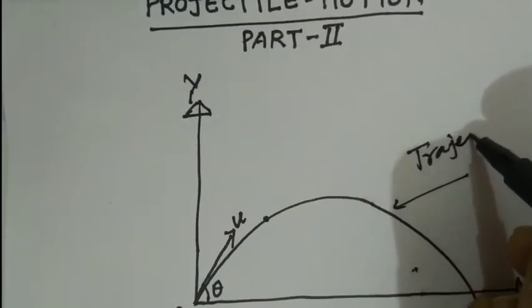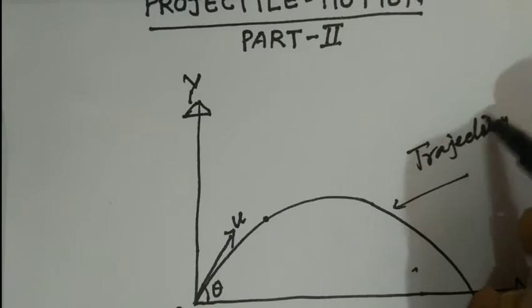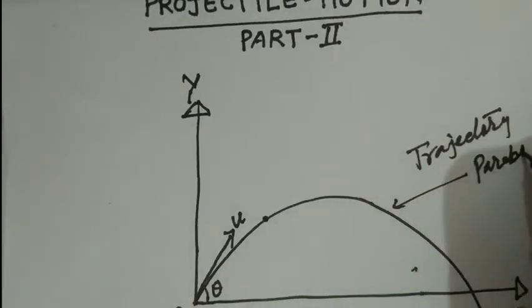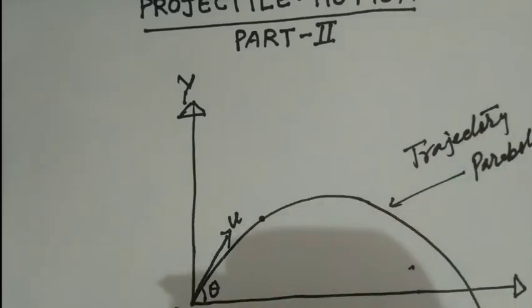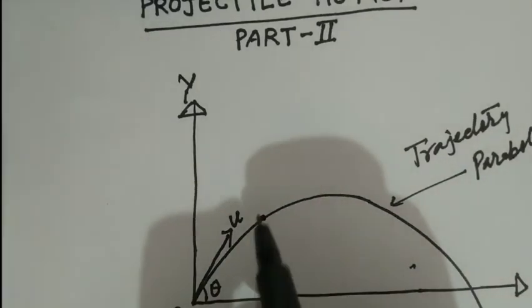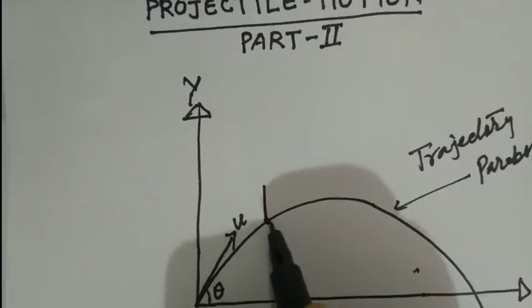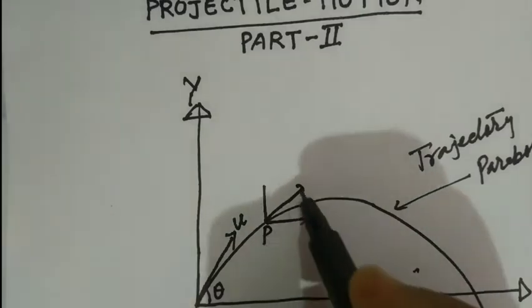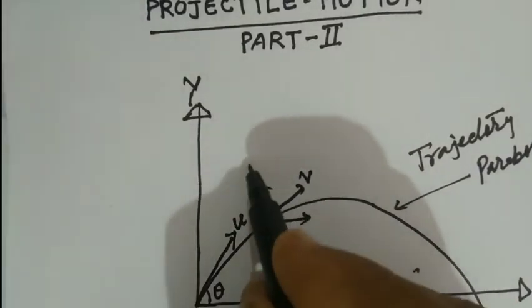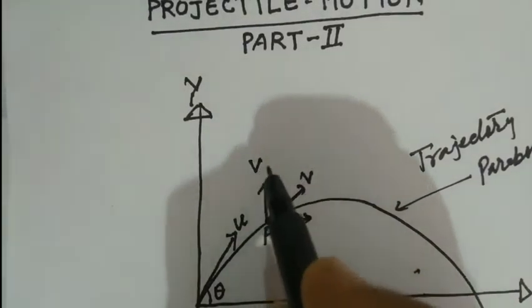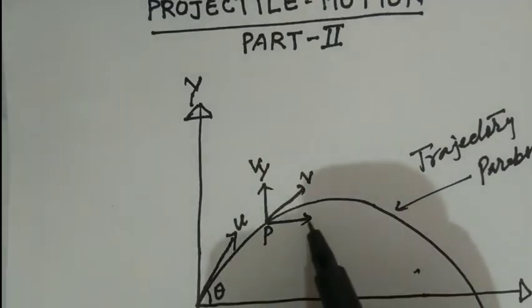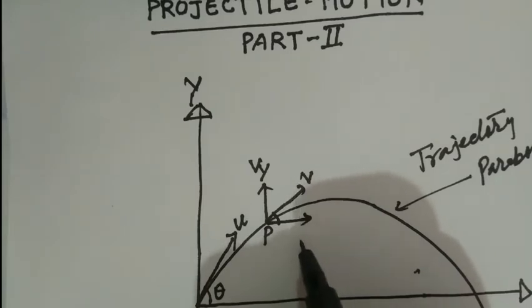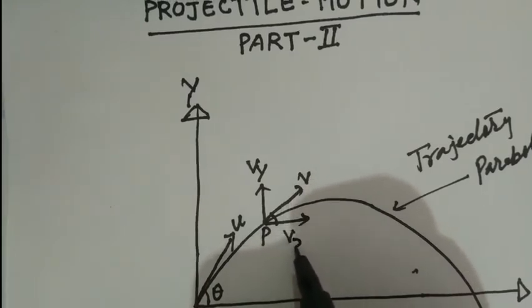As we already know, the trajectory is a parabolic path. Understand, students? We need to break the velocity at every point. Here, at point P, the velocity becomes v. So the component of v along y is vy, and along x, the horizontal, is vx.